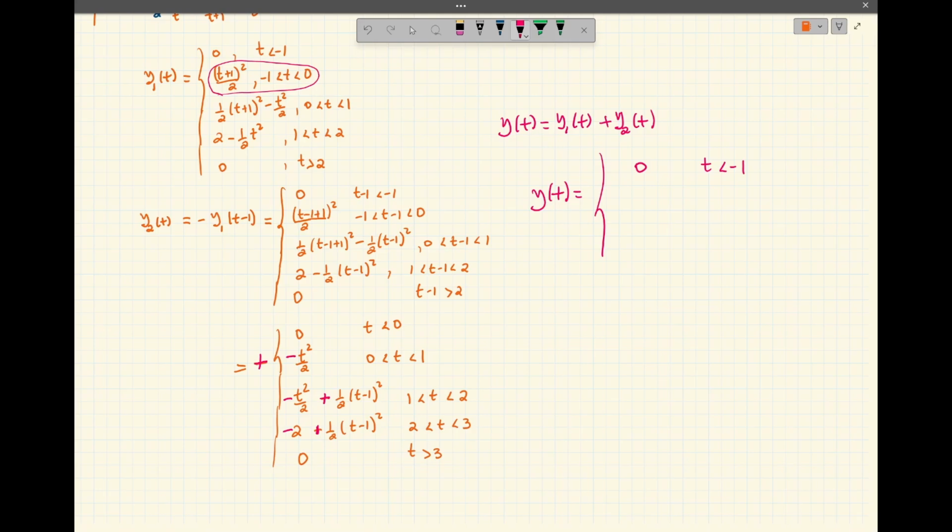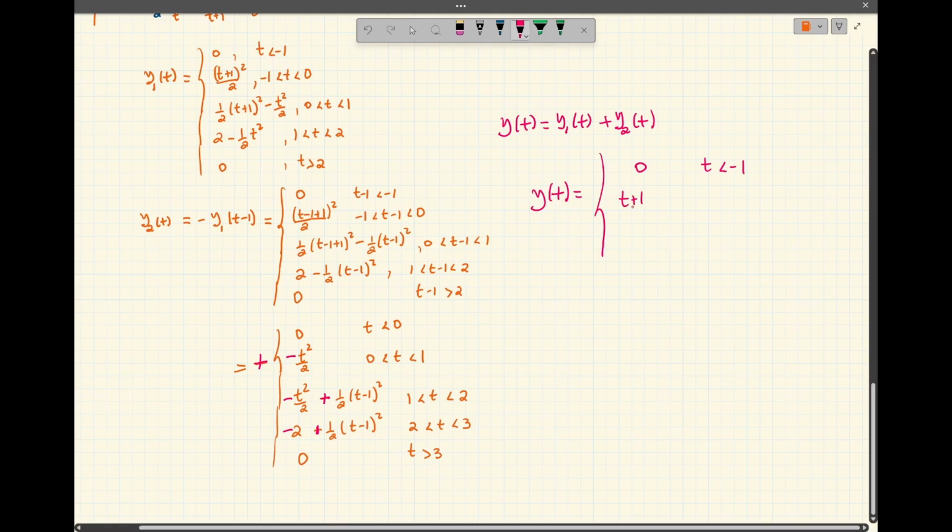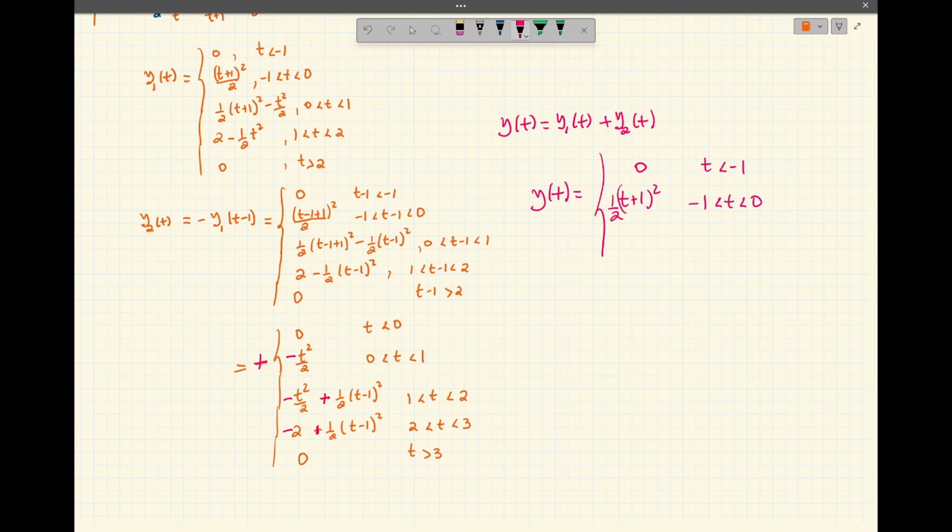There's nothing else from -1 to 0, so we keep that. So that is (t plus 1) square over 2, for -1 less than t less than 0. And then from 0 to 1, we have to add the two terms.